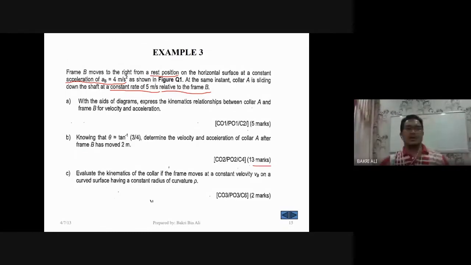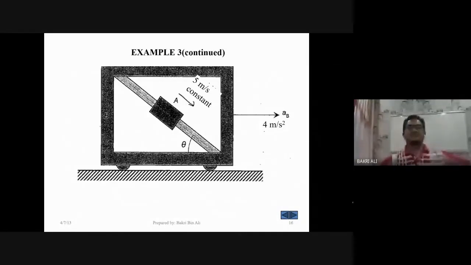Evaluate the kinematics of the collar if the frame moves at a constant velocity VB on a curved surface having a constant radius of curvature. So this is the figure.